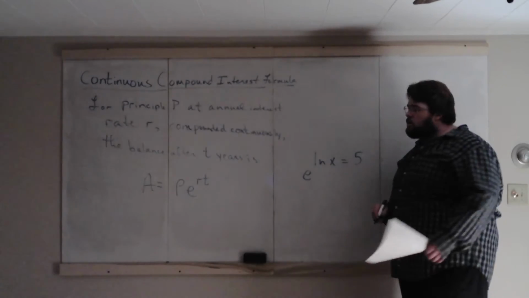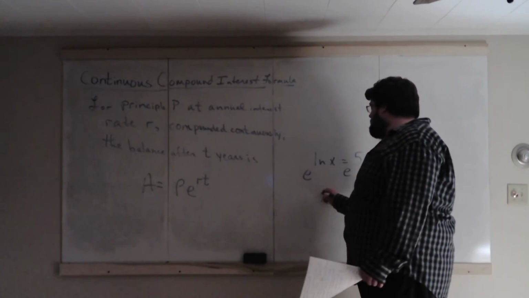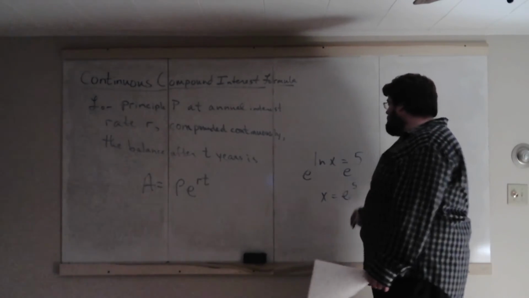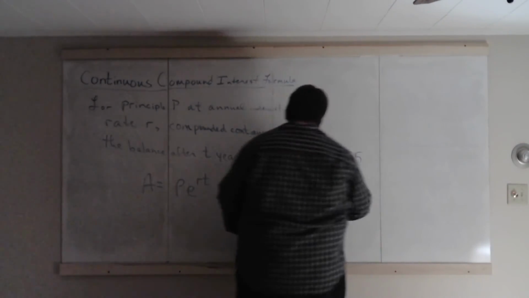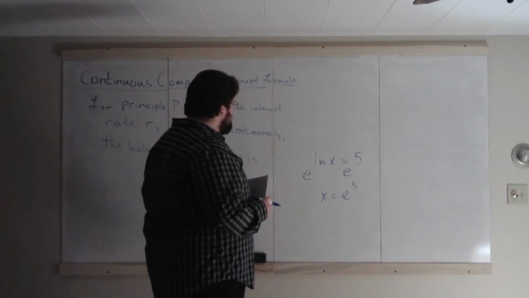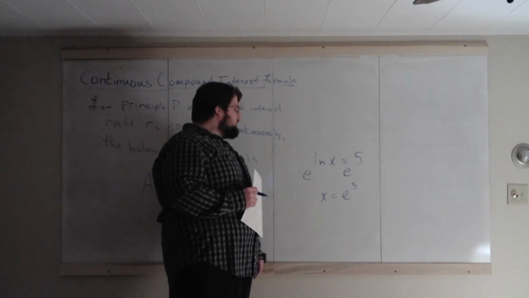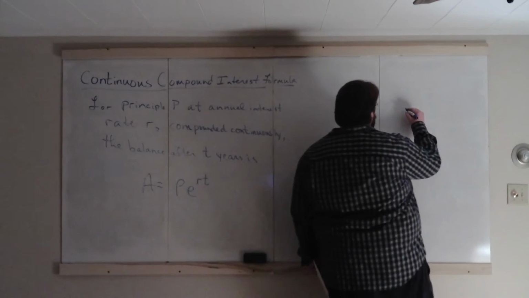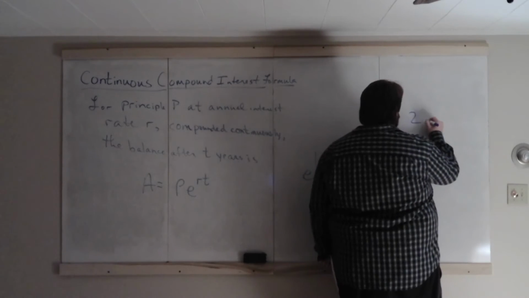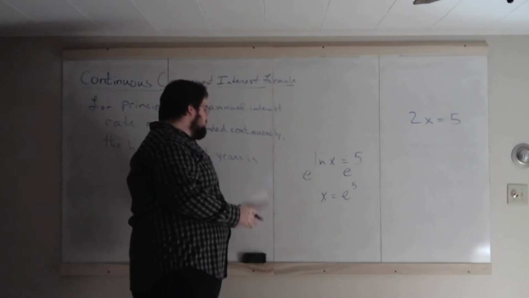E is designed to invert a natural logarithm, and e and the natural log will cancel. That's how all logarithms are designed, to invert an exponential, and exponentials invert logarithms. Very similarly to solving that equation for x.